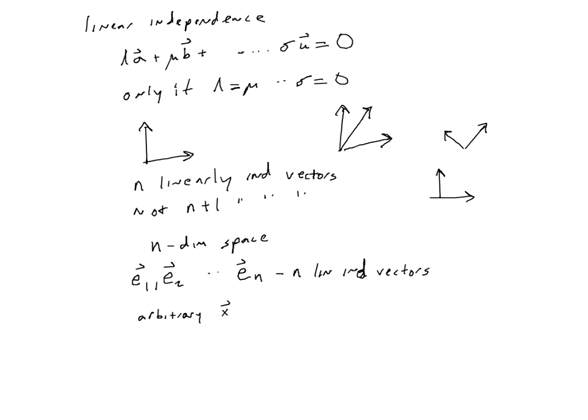So you can have, for example, lambda E1 plus mu E2 plus some other stuff all the way up to sigma En plus tau x equals 0. And so what happens is that all of these vectors can add up to give you x, essentially.